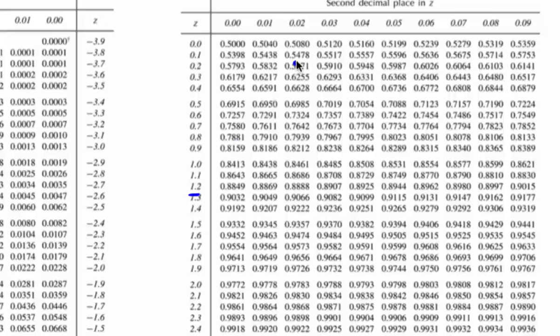And then we want 1.23. So right here is the area under the normal curve to the left of a z-score of 1.23. Does that make sense?